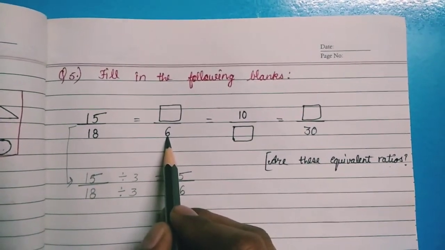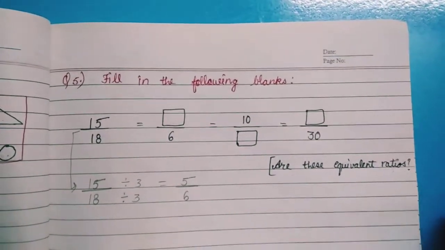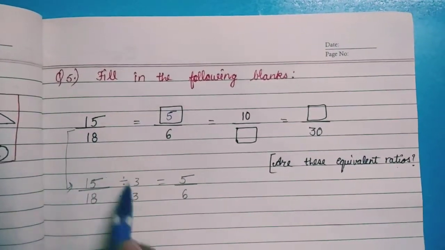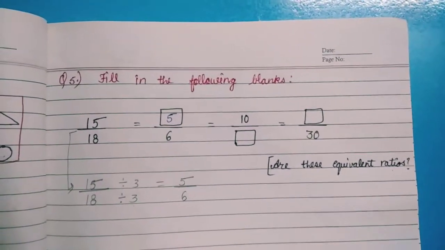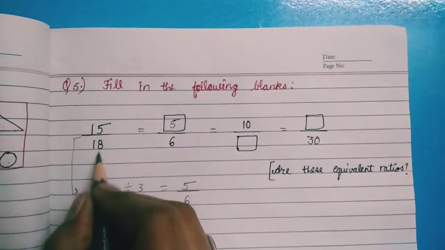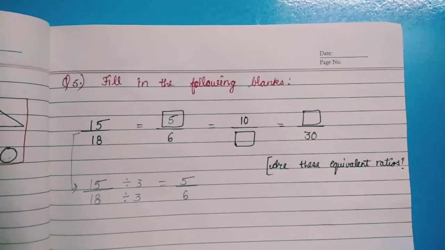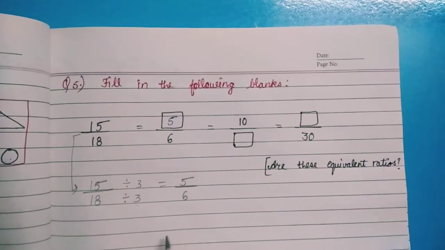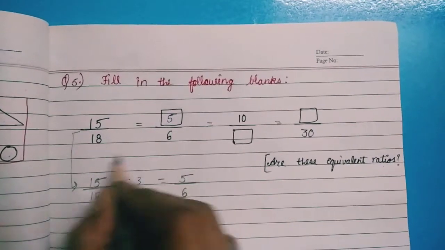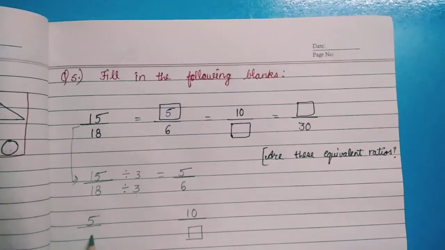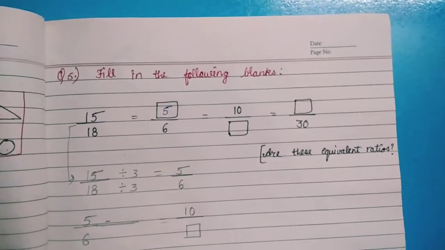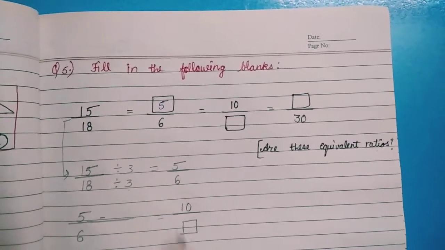And you can simply see in the second one we have 6. So on top automatically we will put 5, because when we divide 15 and 18 by 3, we get 5 by 6. Now these both have the simplest form, 5 by 6, 5 by 6. Now we have 10 by blank, and we have the simplest form 5 by 6. So from 5 by 6, how can we get 10 by dash?